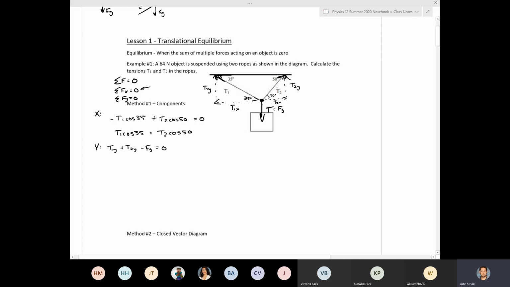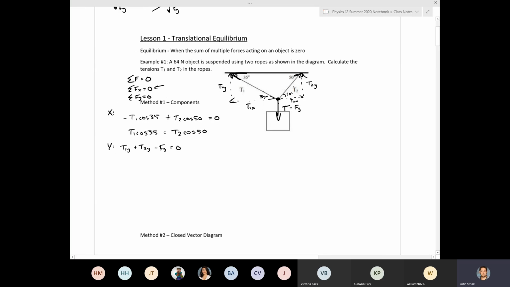And so we can already make some assumptions here that FG is going to balance those two forces that are going up. And so T1y is going to be T1 sine 35 plus T2y, which is T2 sine 50, equals FG, like that. Then we want to solve for T1 and T2.